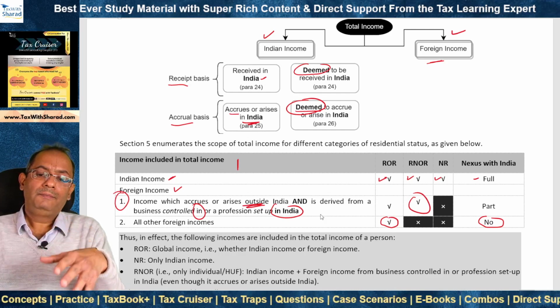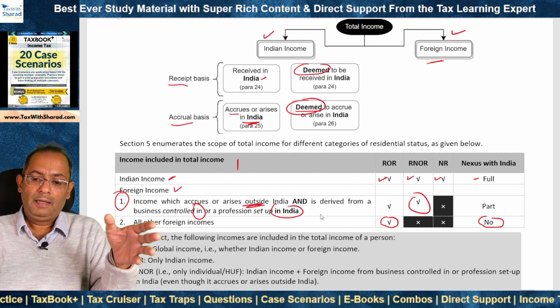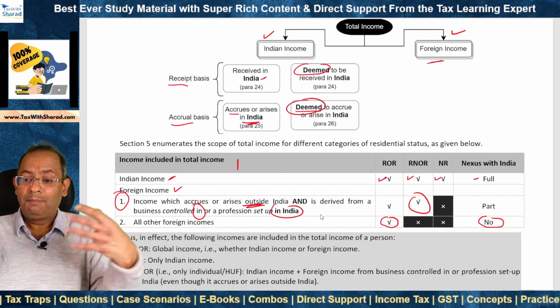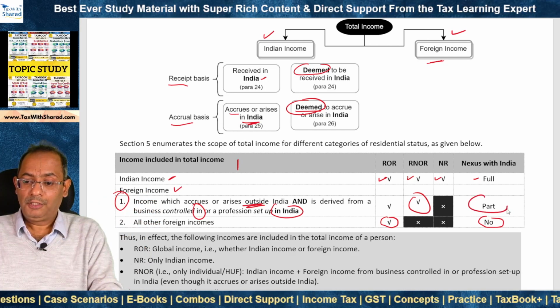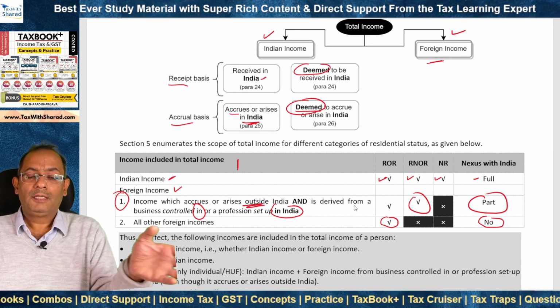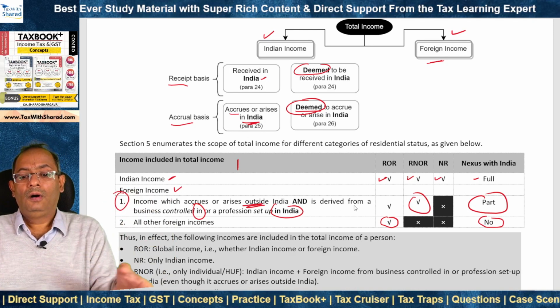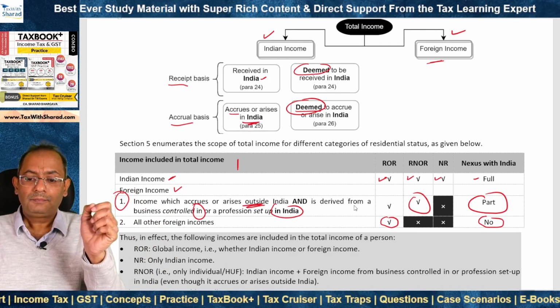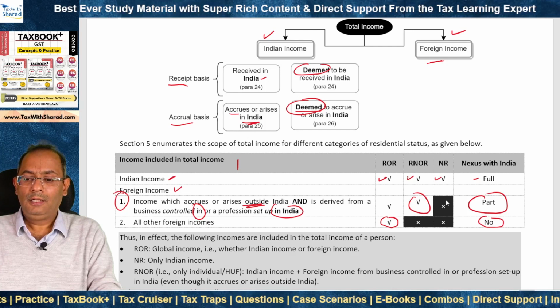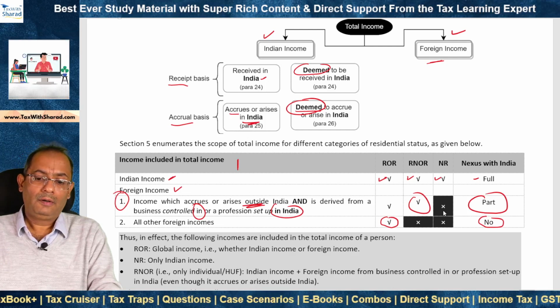So even if the income accrues or arises outside India and therefore it is not Indian income but foreign income, but it has a part nexus with India or a part connection with India on account of being derived from a business controlled in India or a profession set up in India, it is taxable in the hands of a RNOR, but it is still not taxable in the hands of a non-resident.